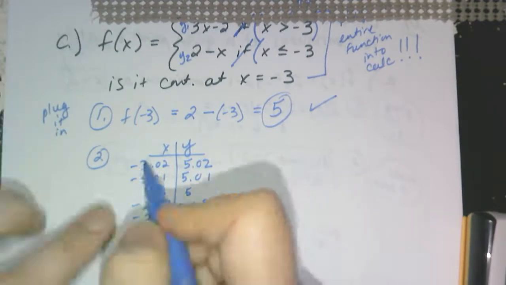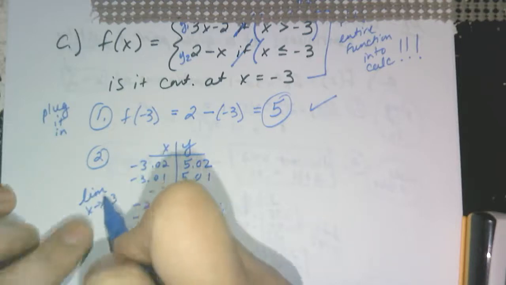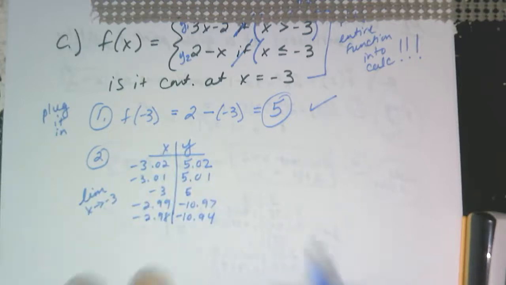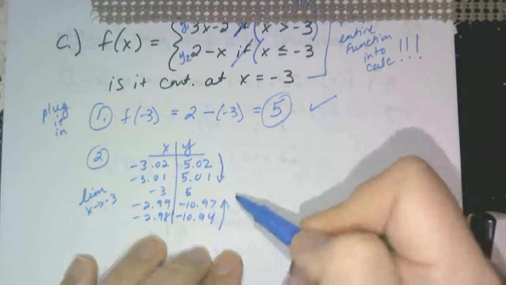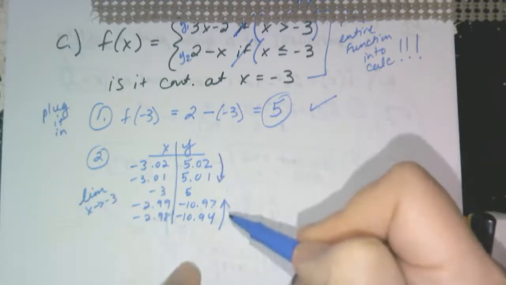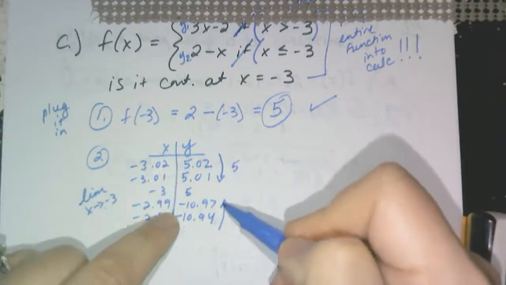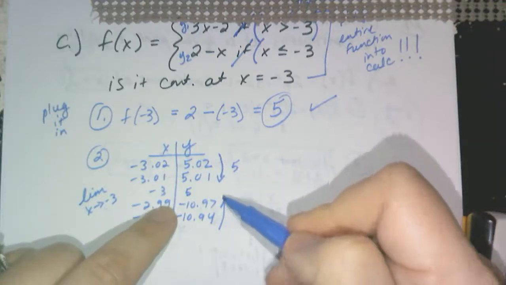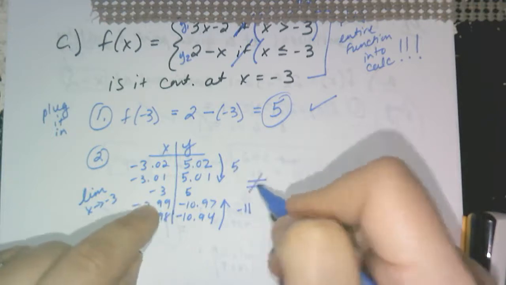So again, on this side, my x is approaching -3. But what am I approaching here and here? Are these the same value? What's this value approaching? What's this value approaching though? -11. Those are not the same.